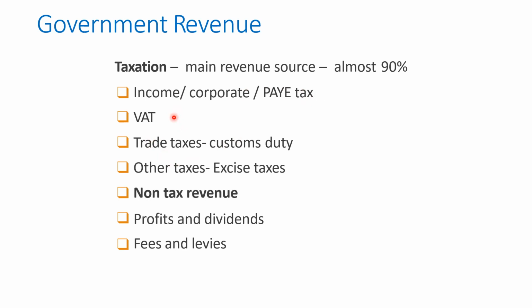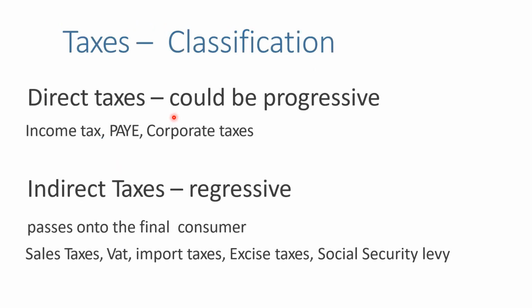They also tax profits and dividends, and request some dividends to be paid to the government. Fees, levies, whatever the method, their ultimate objective is to collect revenue for the government. Every country, not only the Sri Lankan government, has taxation as its main revenue.